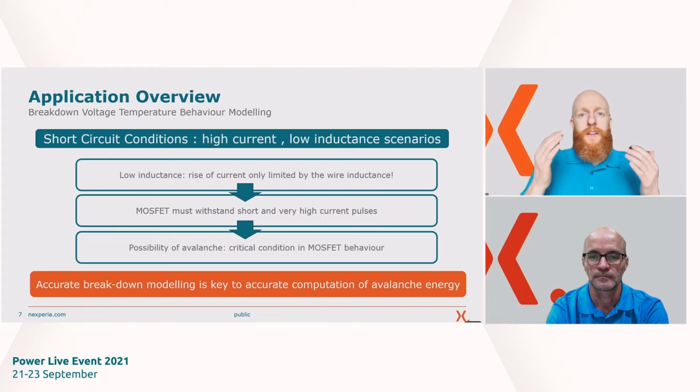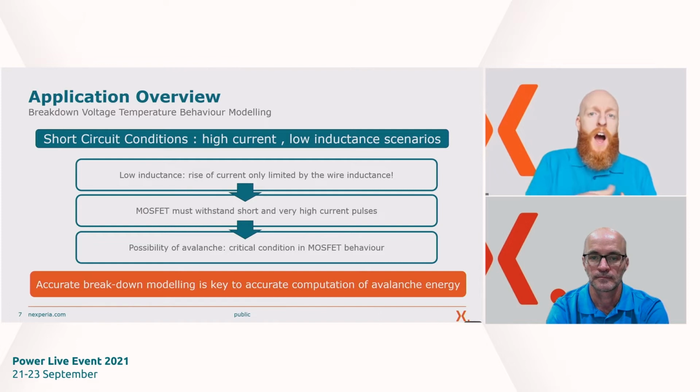As the MOSFETs turn off, the one with the lower breakdown voltage is going to avalanche first. Now, if you don't take into account the temperature dependency of avalanche breakdown in your simulations or your modeling, you're just going to have to assume that first MOSFET that avalanches is going to take all the current. And that limits you in specifying your MOSFET. You have to pick one MOSFET that's able to handle all that energy.